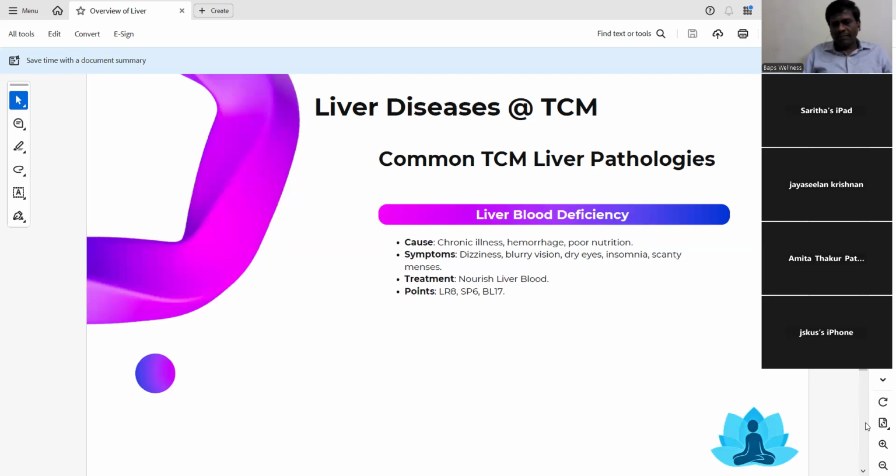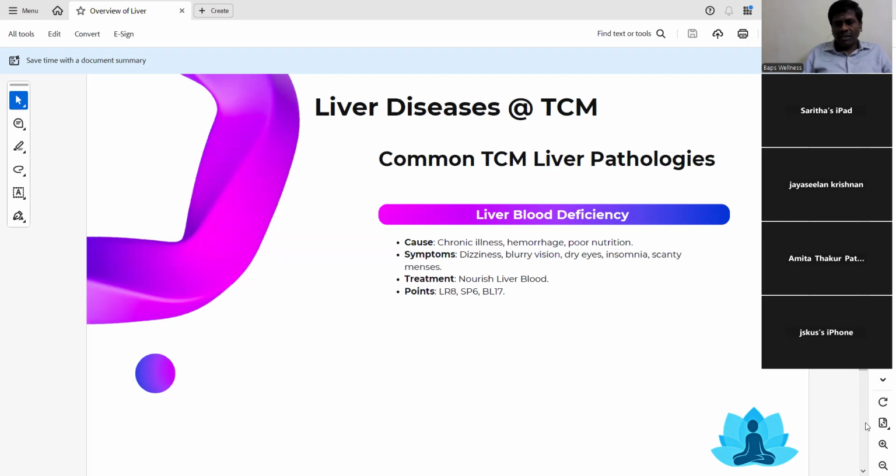The symptoms are dry eyes, blurry vision, dizziness, scanty menstrual flow, and insomnia. Even if they are sleeping, in between they will get up, and afterwards they will find it very difficult to fall asleep again. So what to do?